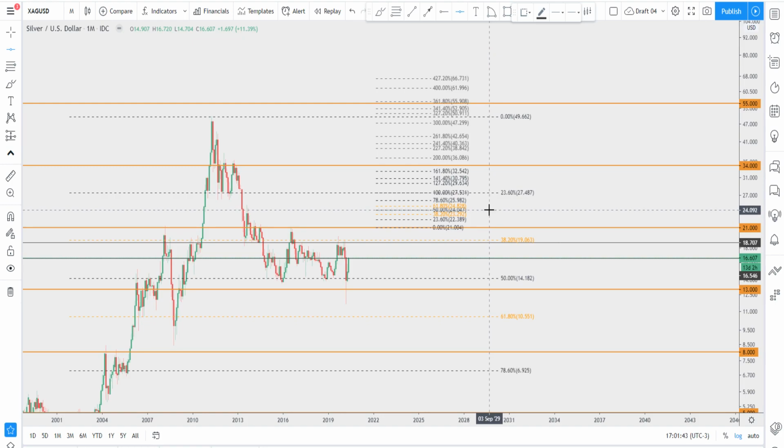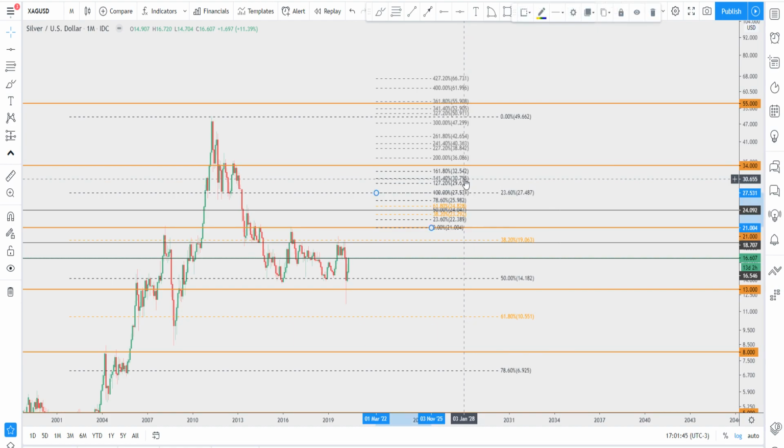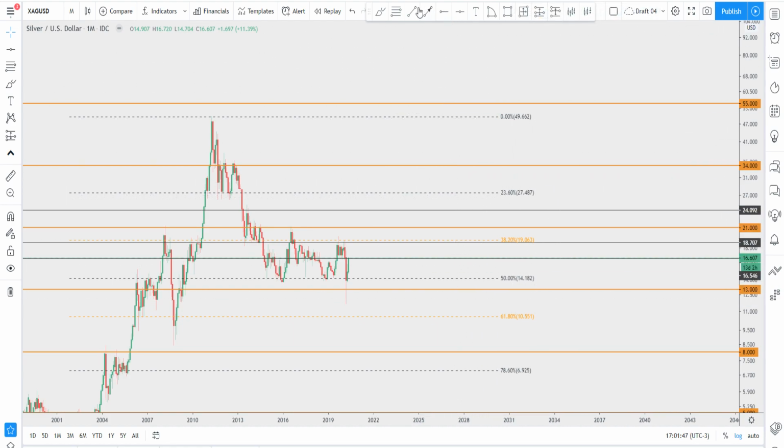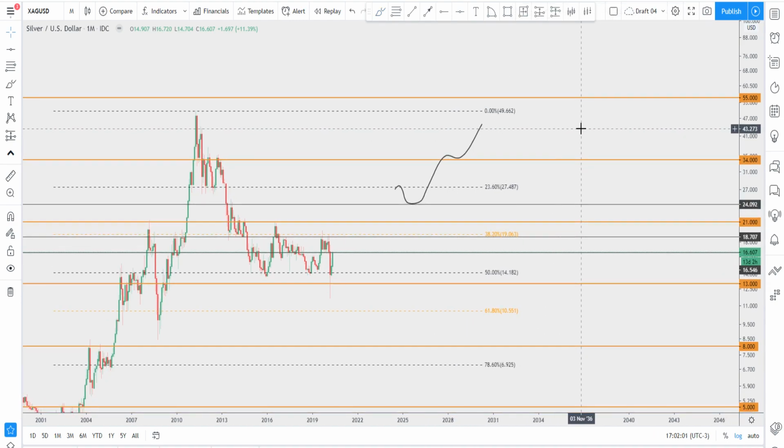Just a second. Okay, so then we may look for a healthy retrace before keep going. Okay, so this is just an idea. Okay, we don't trade based on such analysis. This is for the bullish continuation perspective.